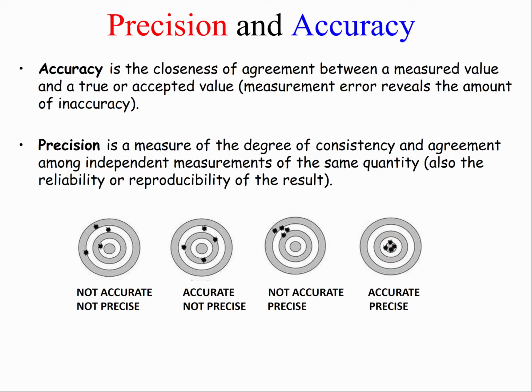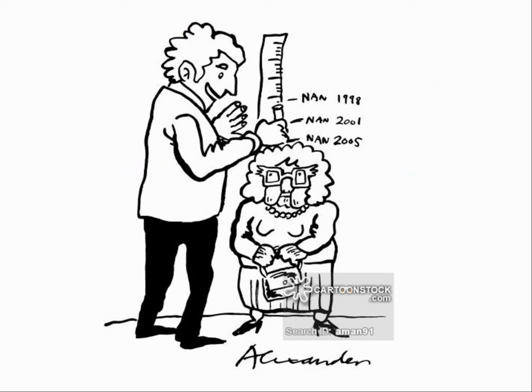As all these dartboards show, measurements that are accurate don't have to be precise, and precise measurements are not necessarily accurate. So for example, imagine you were measuring the height of someone with a ruler. You could take a whole lot of different readings of the height, and they could all be reasonably consistent with each other, say to within a couple of millimeters.